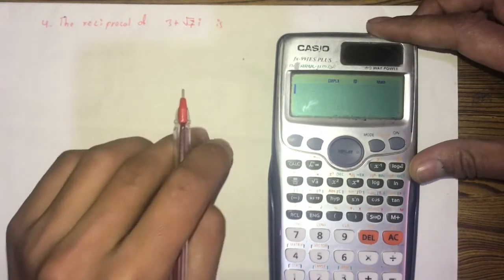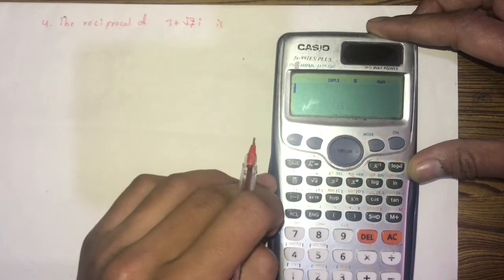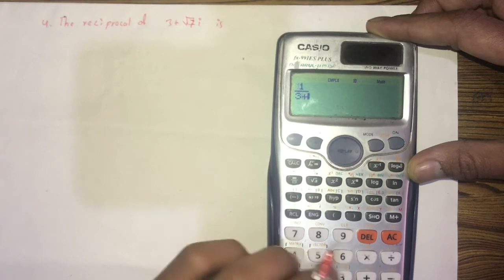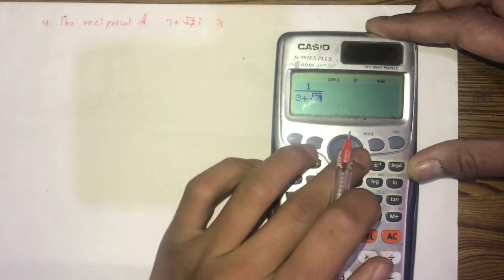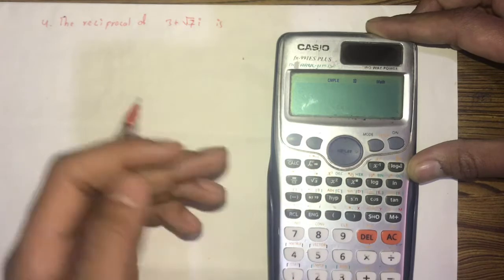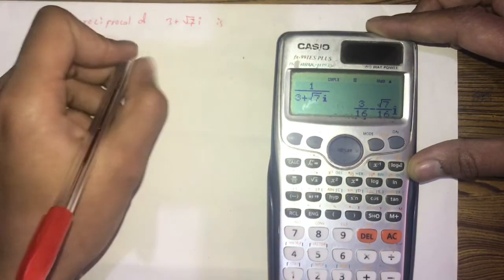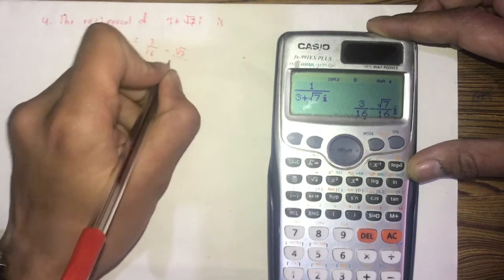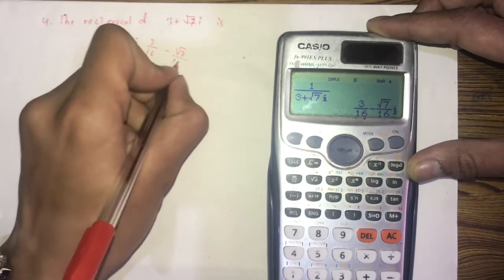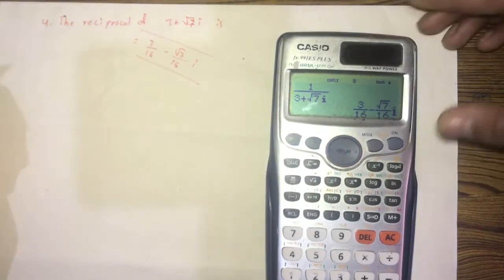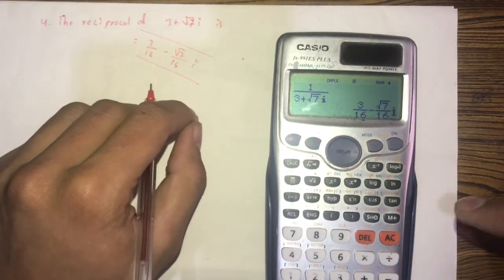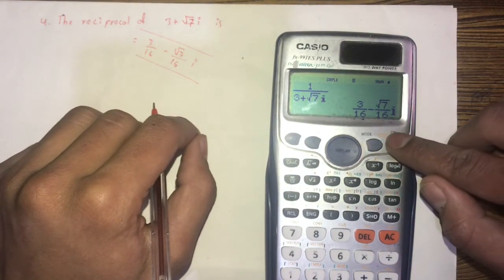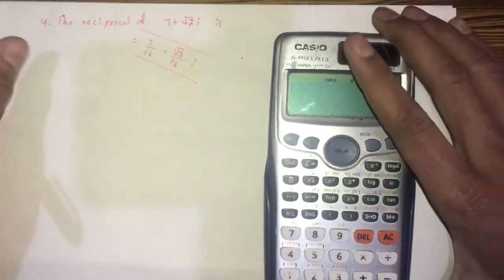I will show you how simple it is. 1 upon 3 plus root 7i equals 3 by 16 minus root 7 by 16i. It's the general method, but your calculator must be in complex mode to get it simplified.